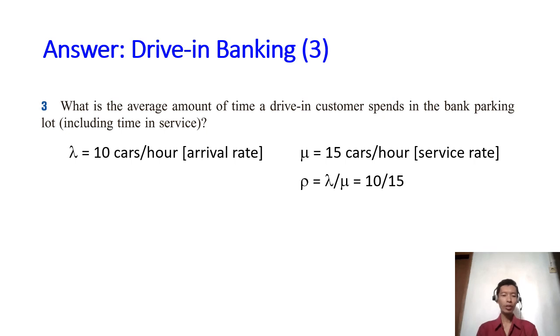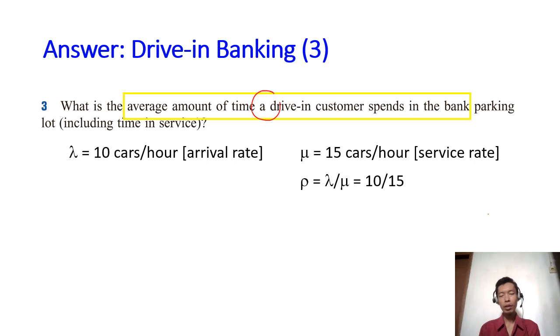The third question is about the average amount of time a drive-in customer spends in the bank. When we're talking about time, it is about W. And here it says spends in the bank. It means that whether the customer is waiting or being served by the server, it doesn't matter.